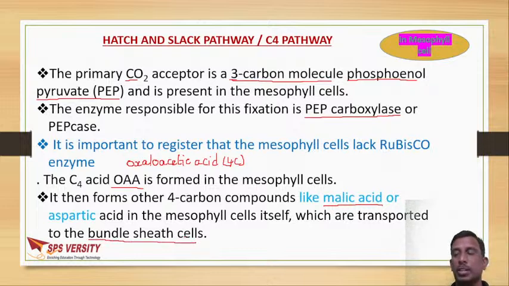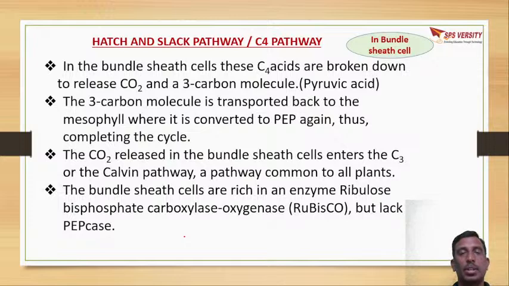So पहला reaction है formation of oxaloacetate, बाद में formation of malic acid or aspartate. Next they are transferred to bundle sheath cells. So the next reaction takes place in bundle sheath cell. बंडल sheath cell में C4 acid, either malic acid or aspartate, both are C4 acids.